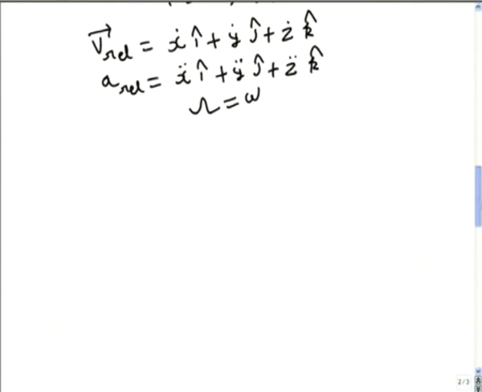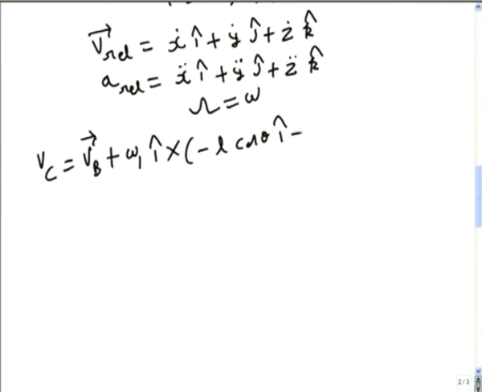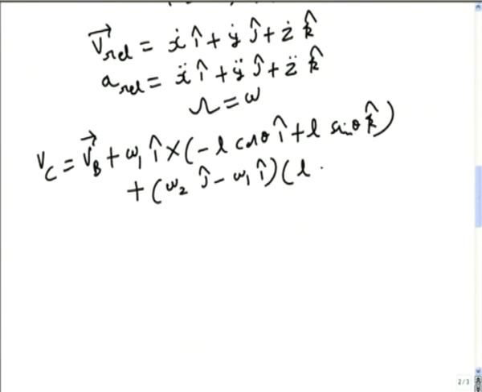Then in that case we get VC is equal to VB plus omega 1 I cross (minus L cos theta I plus L sin theta k) plus (omega 2 j minus omega 1 I) cross L (minus L cos theta I plus L sin theta k).